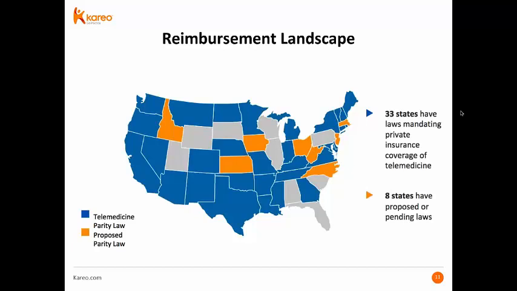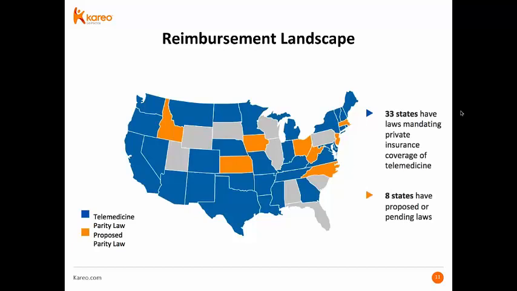Additionally, in states where there isn't a parity law, we're seeing major payers reimburse regardless, as there's a downstream cost savings. So let's think about it. If an emergency department visit would cost the payer a few $1,000s, whereas a telemedicine urgent care visit would cost about $70. If even 1 out of every 100 telemedicine visits prevented an ED visit, well, that's a major downstream cost savings and an incentive for the insurer.